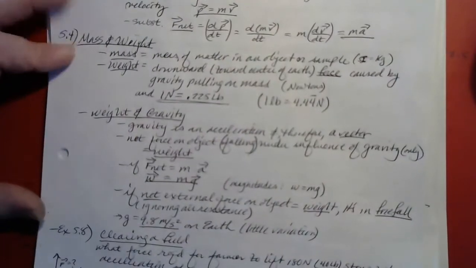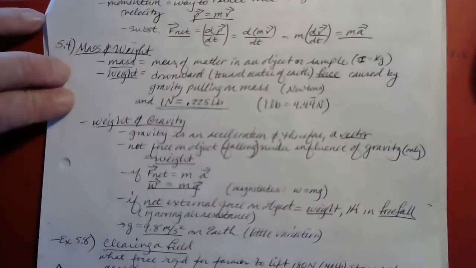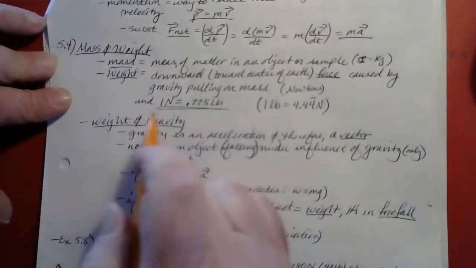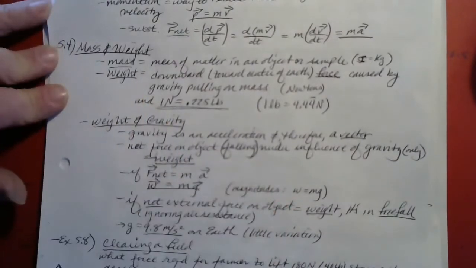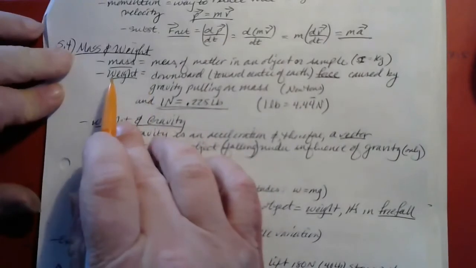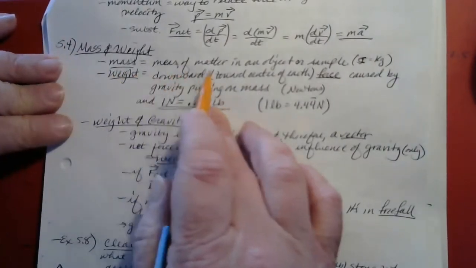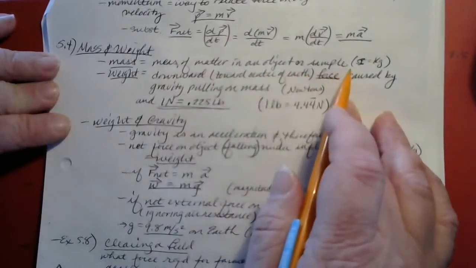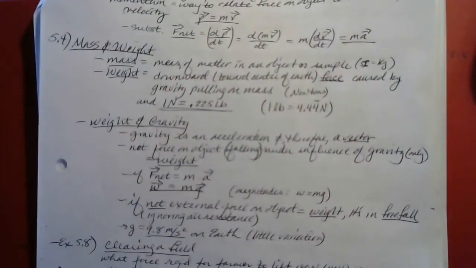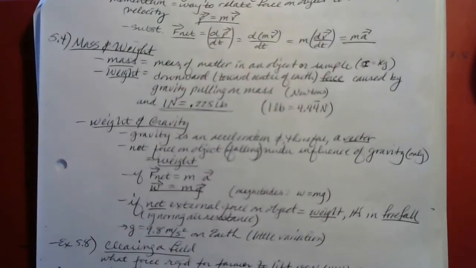Okay, and then looking at the idea of mass and weight, we've already been over this to some extent, where we've mentioned that mass is a measure of the matter in an object or a sample. Basically, mass really just depends on how much stuff you've got, and mass is an unchanging property as long as the object or the sample itself doesn't change.